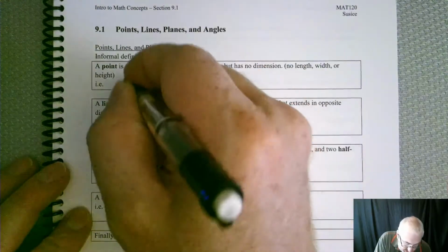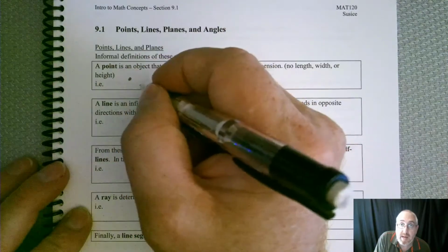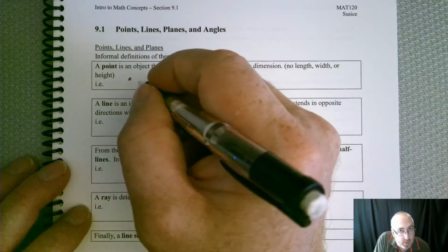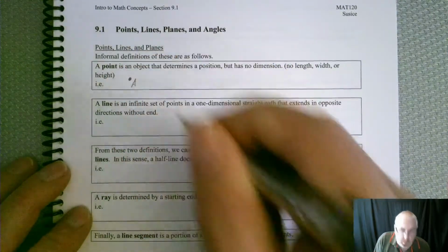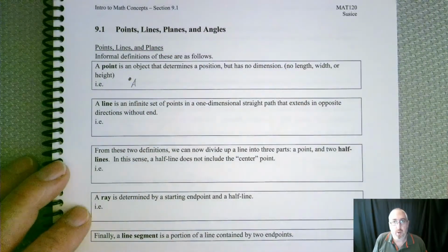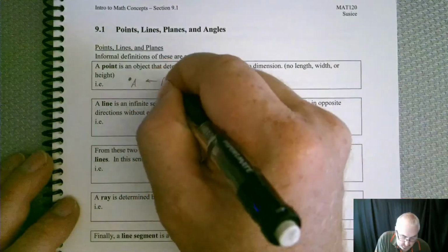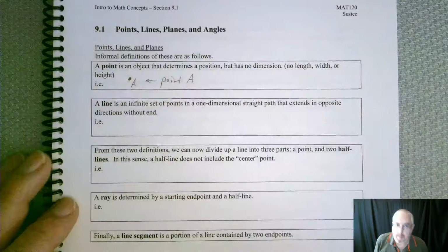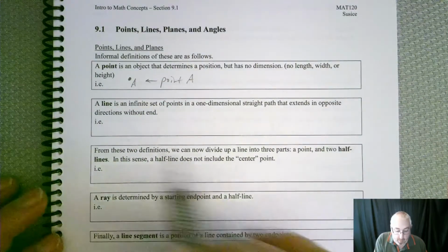You have just a dot, and then usually it's labeled with a capital letter, not lowercase typically. So try to just use uppercase. And what we'll see primarily is it will be an uppercase form. So that would be point A.